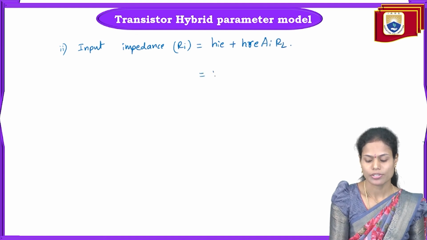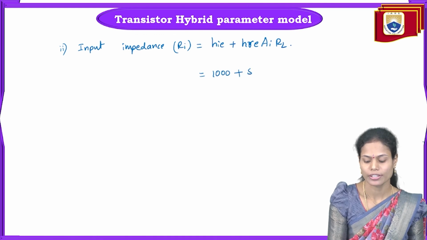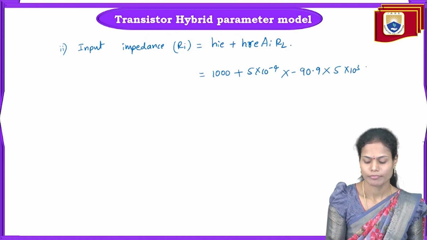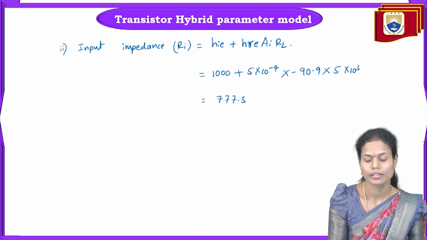So HIE value is 1000 plus HRE value is 5 into 10 power minus 4, and the current gain we have just calculated, minus 90.9, into load resistance 5 kilo ohms. After simplification, we will get it as 772.75 ohms.